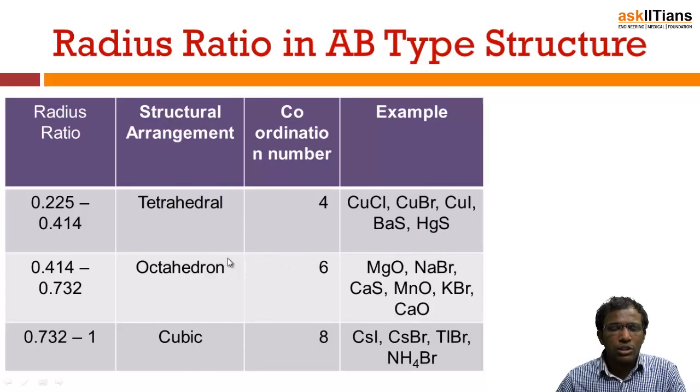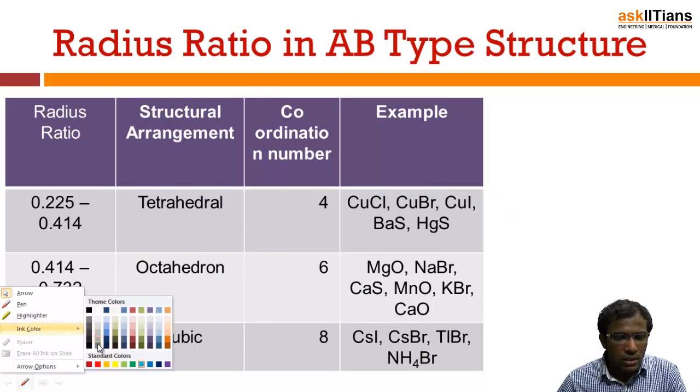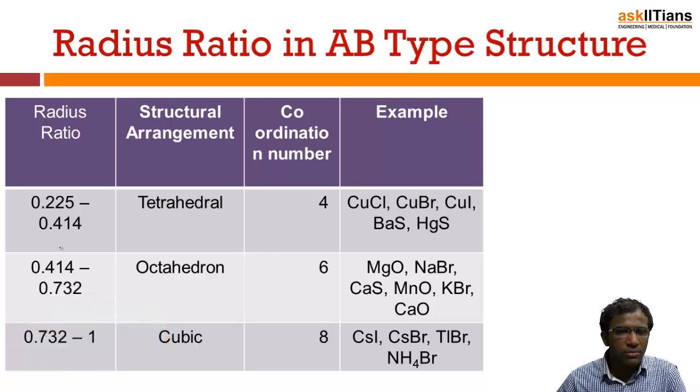So the radius ratio in AB type structure. If the radius ratio, the radius of cation by radius of anion, falls in this range, that is 0.225 to 0.414, it will be a tetrahedral structural arrangement, and the coordination number will be 4. Okay.